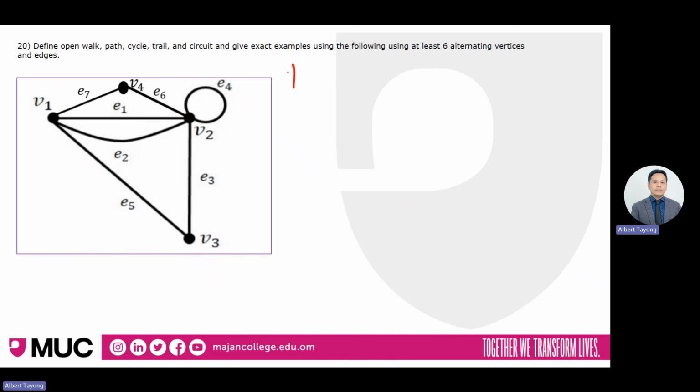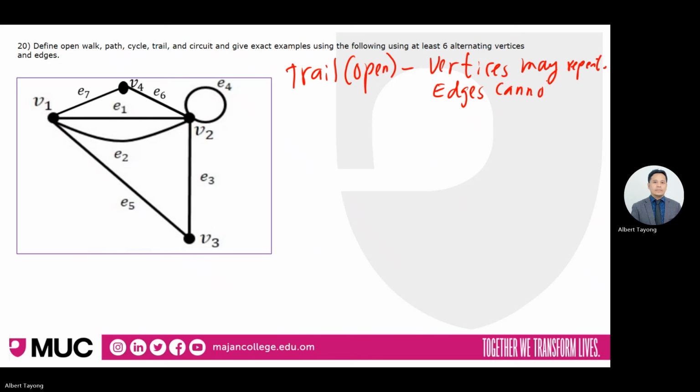Let's have the trail. Trail is open. Vertices may repeat. But edges cannot repeat, of course. Okay, so an example of that is V1, E1, V2, E4, V2, then E6, V4.